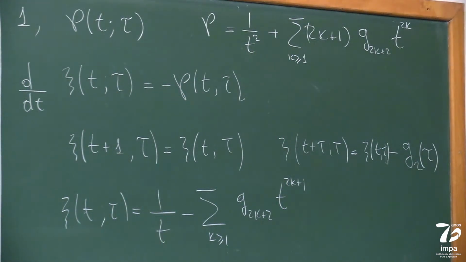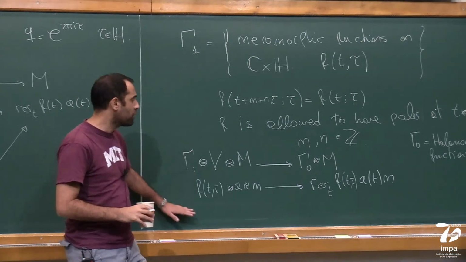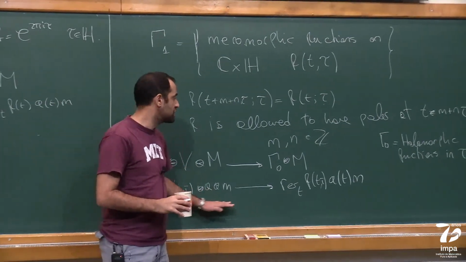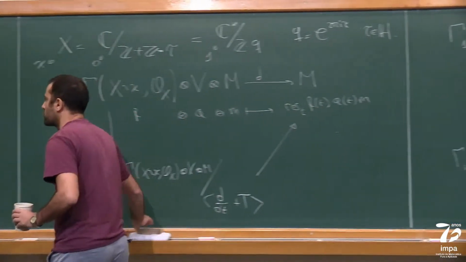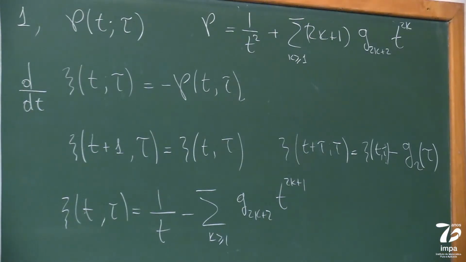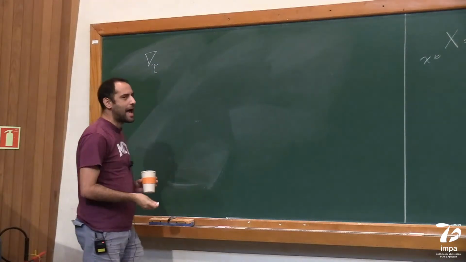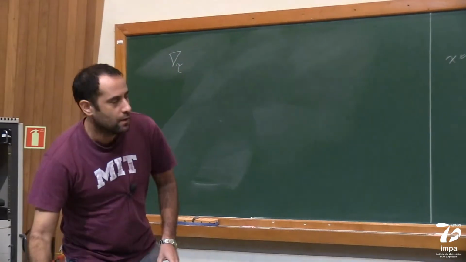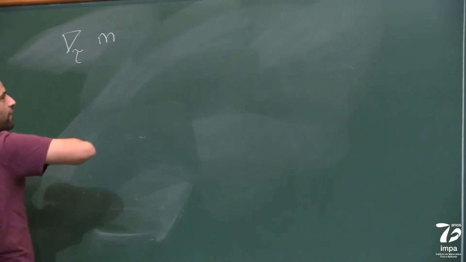All right. So that's what I will need of this zeta function. This zeta function is not allowed in this set. It's not allowed in this factor here. However, this formula is well defined. And I can just take this formula using explicitly that zeta function. So I'm going to just define ad hoc that connection. So this connection is going to be a differential equation that is going to come from defining that nabla tau, or this is the action of d by d tau on the moduli space, is going to be given, well, I need to tell you, of m.